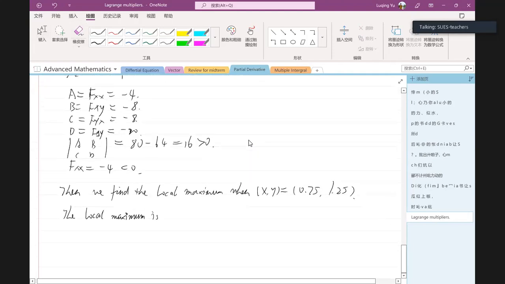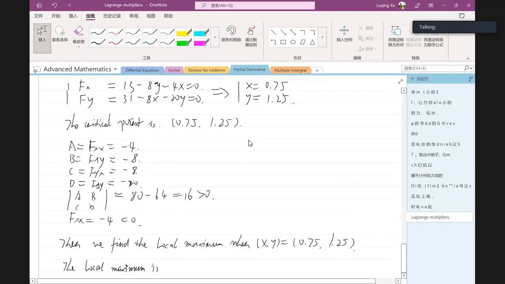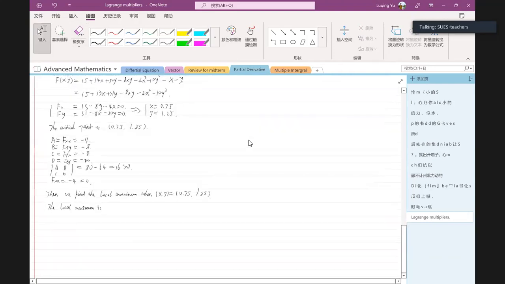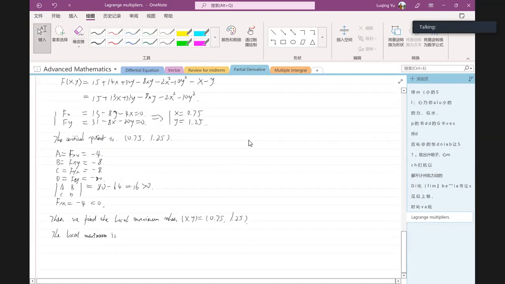Let me see. I need to use the calculator to see what the local maximum is.